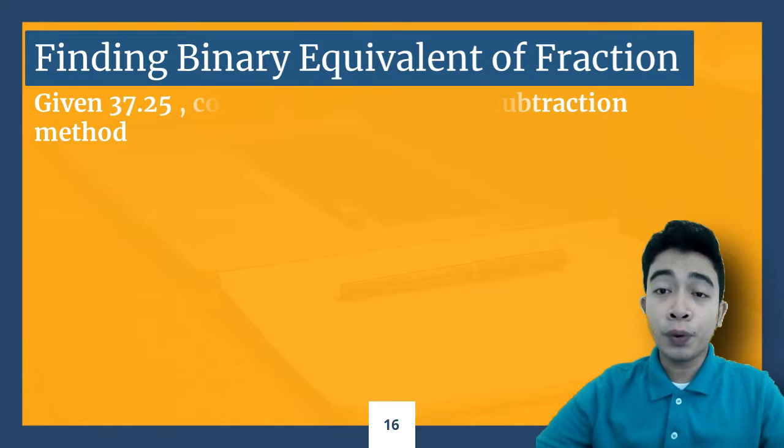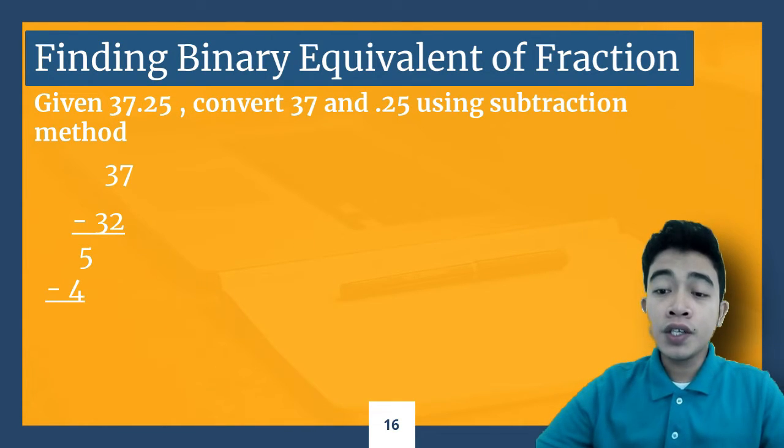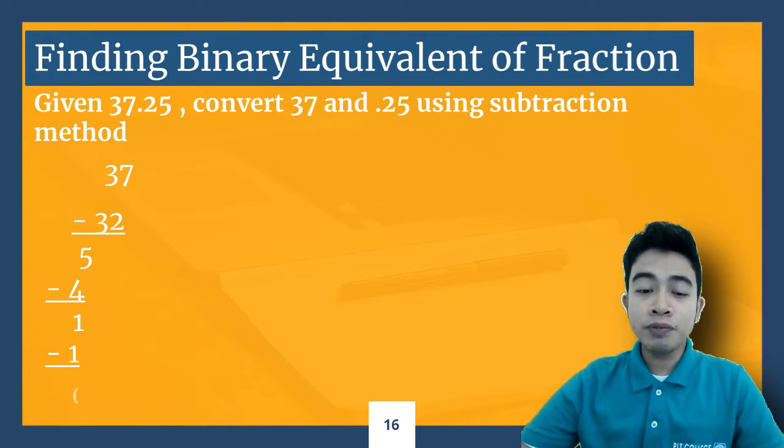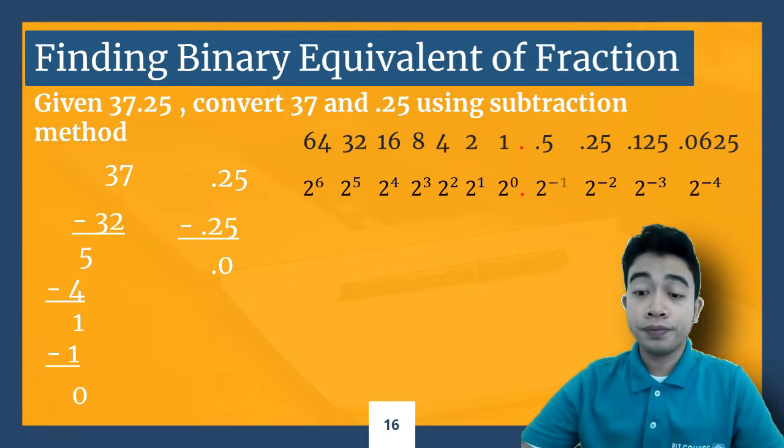Binary equivalent of a floating point number. Given 37.25, we need to convert the 37 and 0.25 using the subtraction method. First, we need to write the powers of 2 and column values of the fractional part. Start subtracting the column values from left to right. Place a 0 if the value cannot be subtracted, or 1 if it can, until the fraction becomes 0.